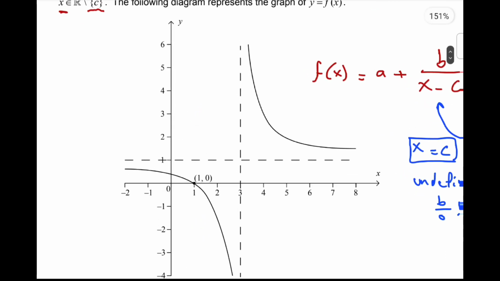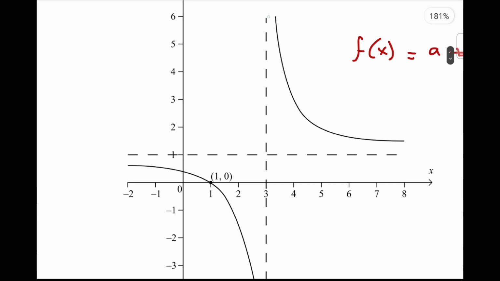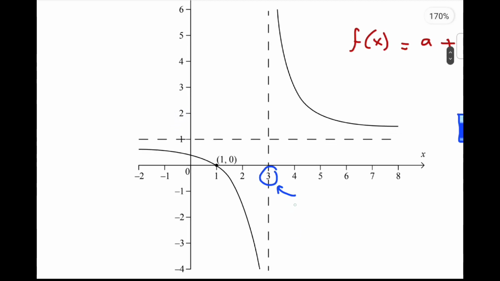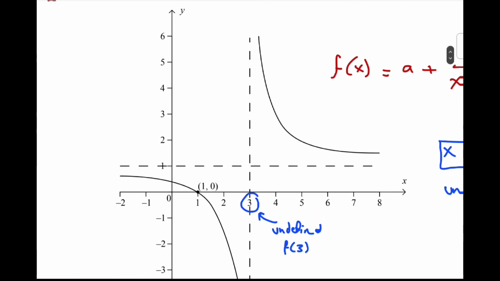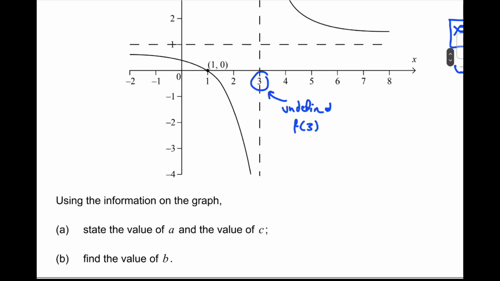So if you look here, you can see that at 3 in this graph, you have an undefined case. One goes up, one goes down at 3, which means that there is no defined value.